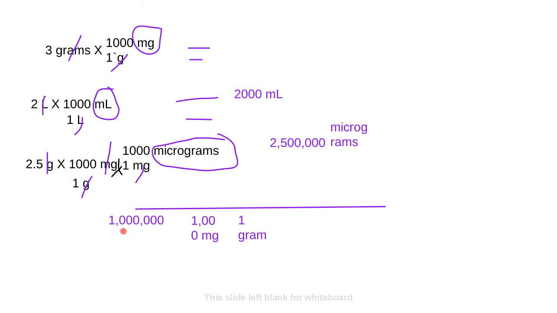So again, these are all numbers relative to each other. So really, if I wanted to reframe that, I could say, well, I have 1 microgram, and then I would have many, like a smaller number. Yes, it is 10 to the negative 6.